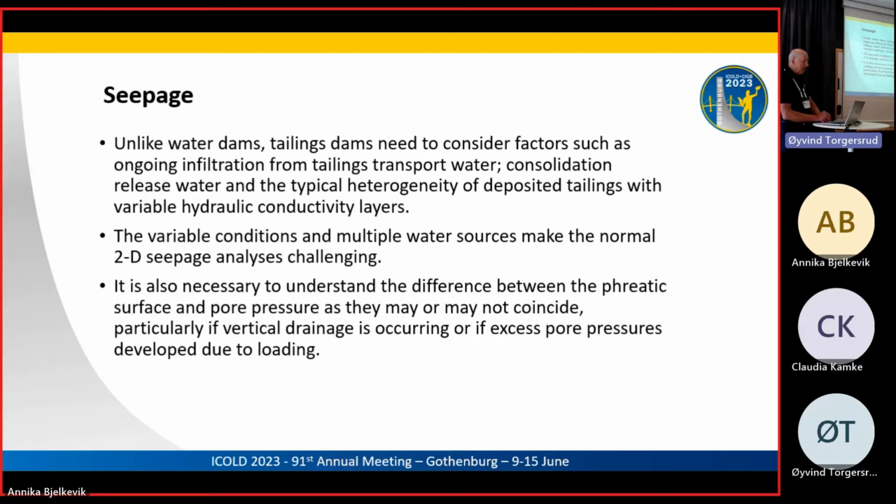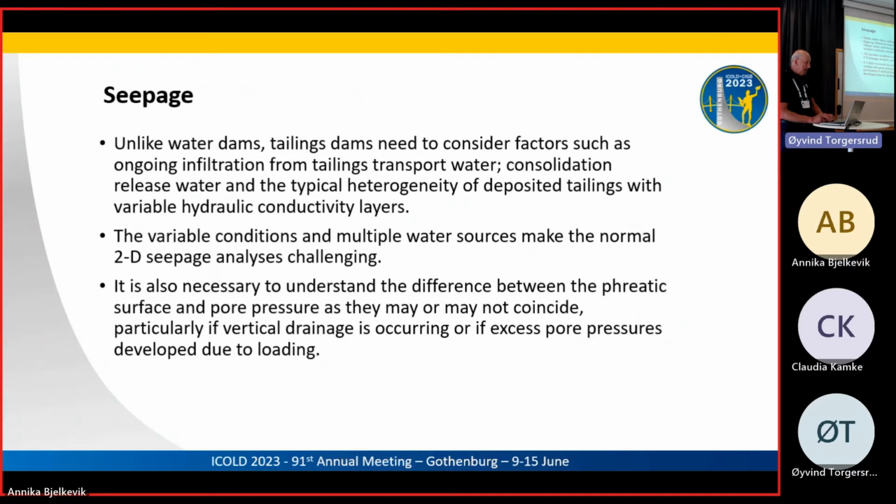Unlike water dams, tailings dams have really got some other inputs that we might not consider in a water dam. And I've seen some pretty bad mistakes made in doing seepage analysis where you just do a conventional 2D analysis with the pond and you might consider rainfall, but quite often the consolidation water is not considered.